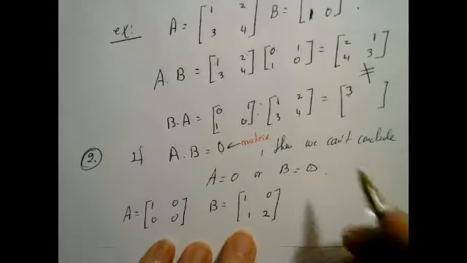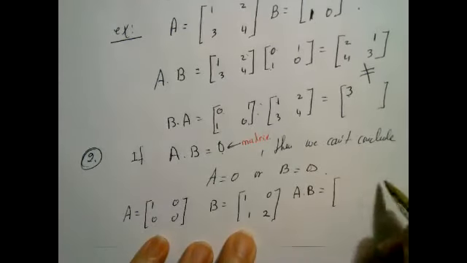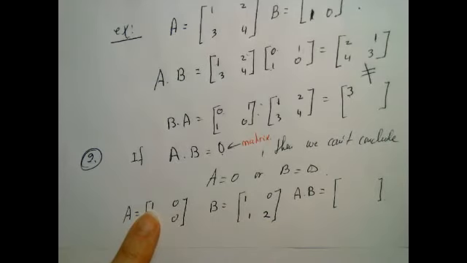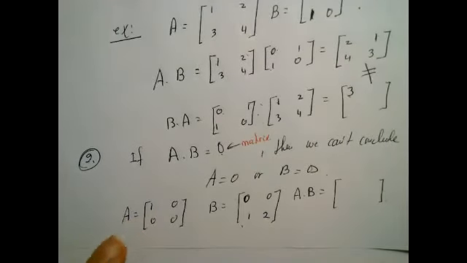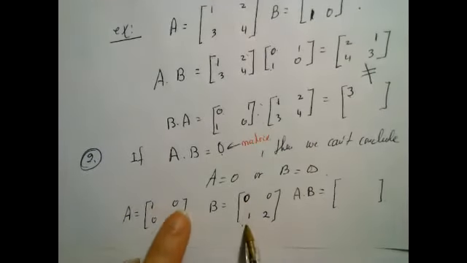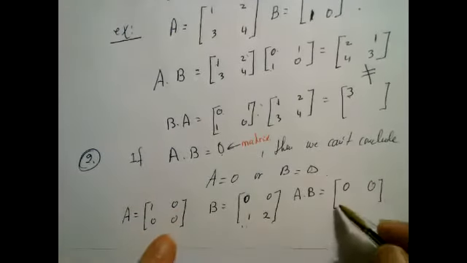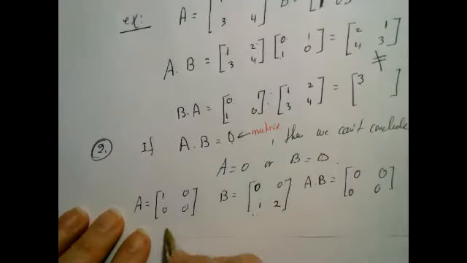Okay, and I multiply them, A times B. Okay, I get, no, 1 plus 0, I don't want that. I want 0 here. Okay, so let's say A times B is 0, 0, 0, 0. So the product is 0.